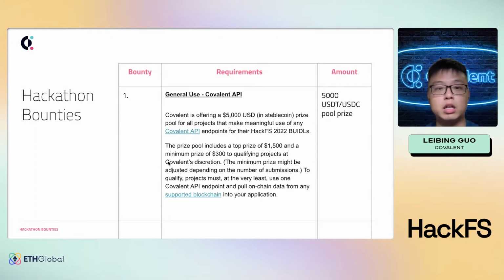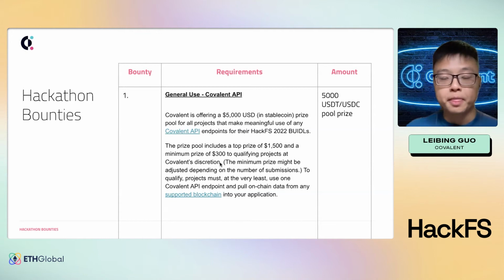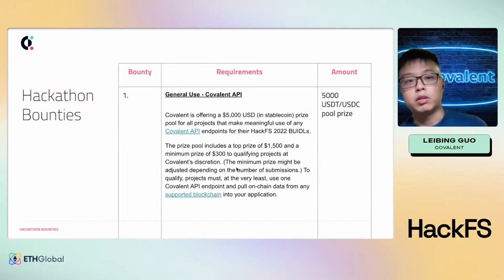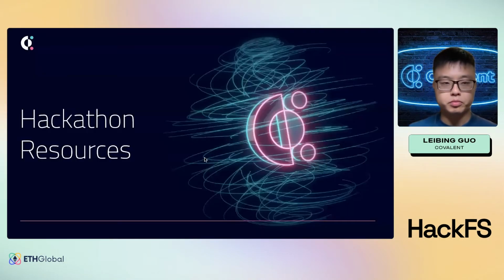And if you participate and use it correctly up to our standards, you will qualify for a minimum prize of $300, right? So, yep, that's all. You can read up more about our prizes on the ETHGlobal prizes page.